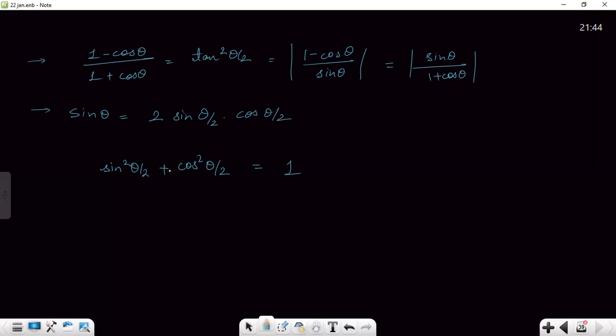And thus we can write it as 1. If 1 is getting added somewhere to the sine theta, then from the above observations, we may write 1 as sine square theta by 2 plus cos square theta by 2, plus sine theta is 2 sine theta by 2 into cos theta by 2.